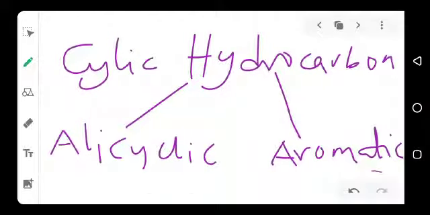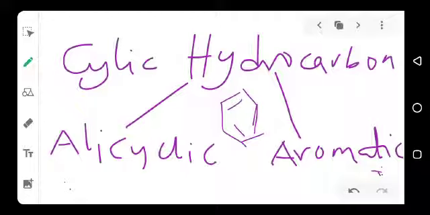In this one, alicyclic hydrocarbon, there is no alternating double bond, while in this one there is an alternating double bond. Something like when we draw our benzene, of course we always draw something like this.